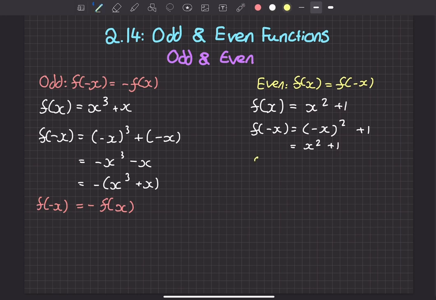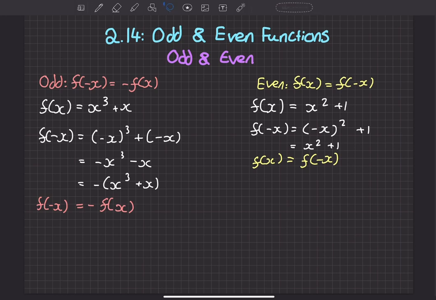So function of x equals function of minus x. And for a function to be even or odd, obviously one of these two has to be fulfilled, but not every function will be odd or even. Only a rare specific amount of functions are odd and even. So most functions are neither odd nor even. So don't think that every function is either odd or even. Most of them aren't. Okay.